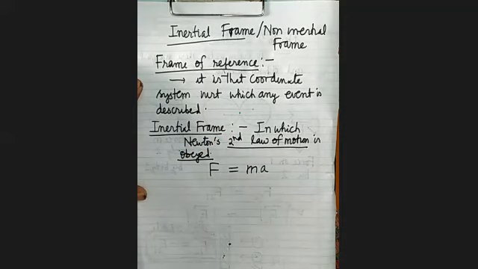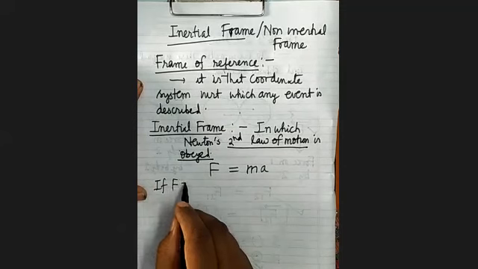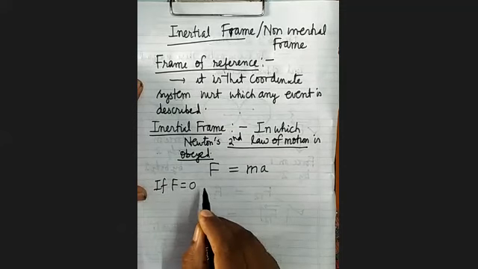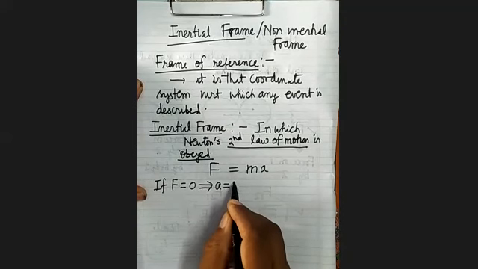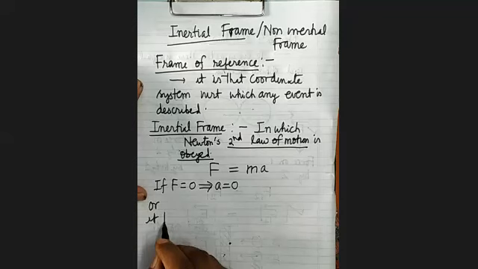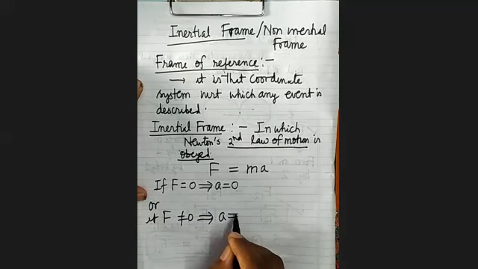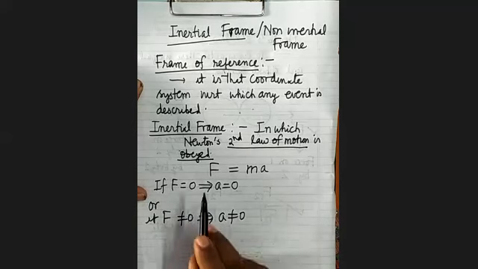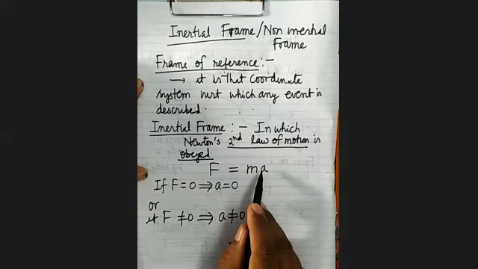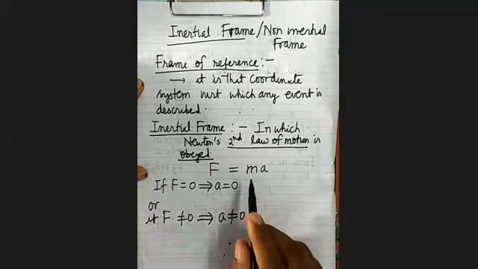You can see here, if F equals 0 implies A equals 0, or if F is not equal to 0 implies A is not equal to 0. Meaning if force is 0 then acceleration is also 0, and if force is not 0 then acceleration is also not 0.